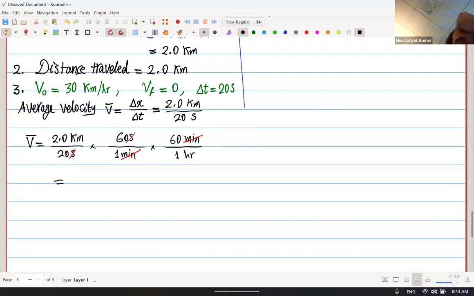So when you calculate that, it's 2 over 20 times 60 times 60, and this is in kilometers per hour.